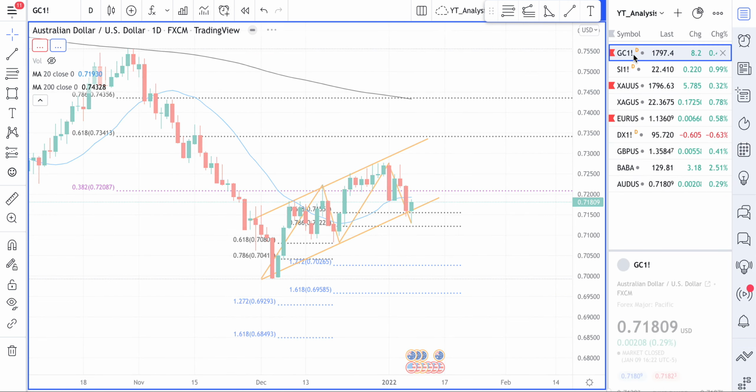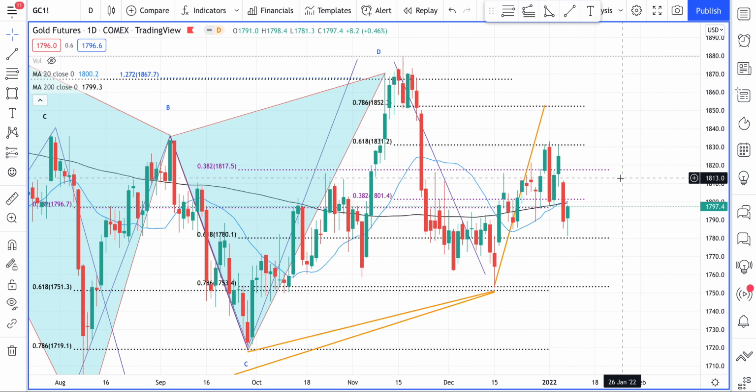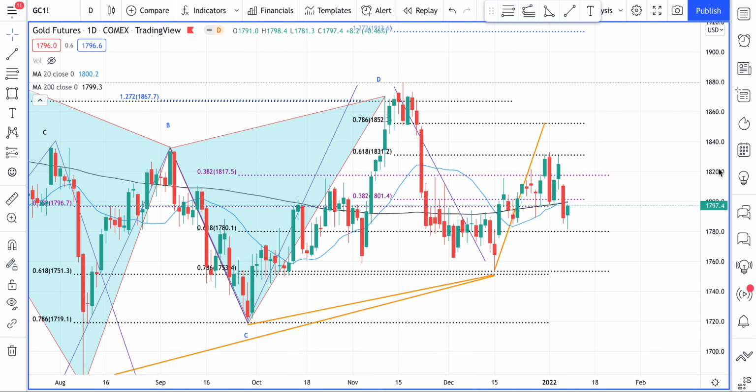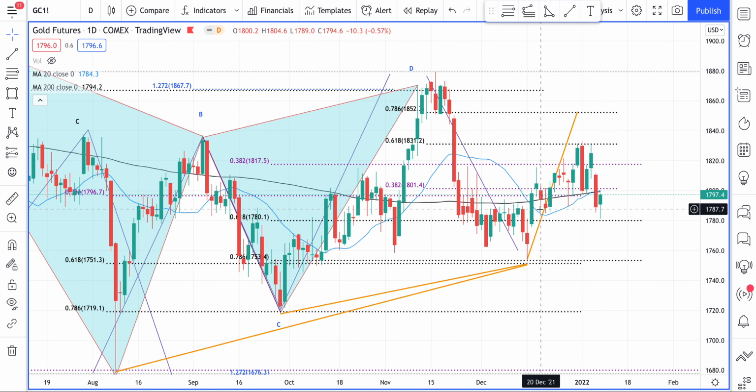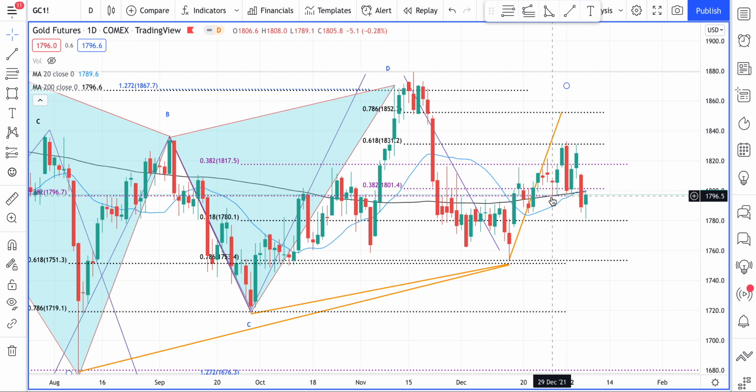We'll have a very quick look at the gold. So if you remember, we were talking about how gold had a good seasonal before the Christmas break, and it was likely to move higher, which it did. And then what we have seen is it has retraced in an ABCD manner.